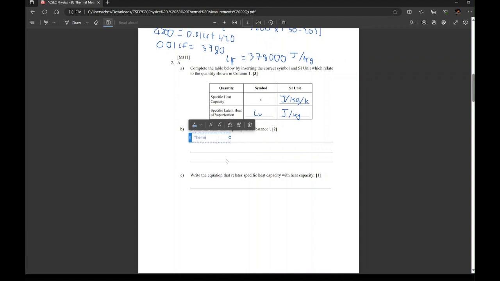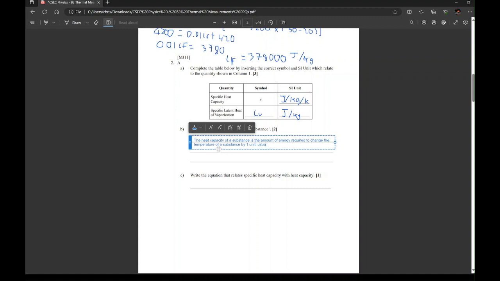So we can put: the heat capacity of a substance is the amount of energy required to change the temperature of a substance by 1 unit.